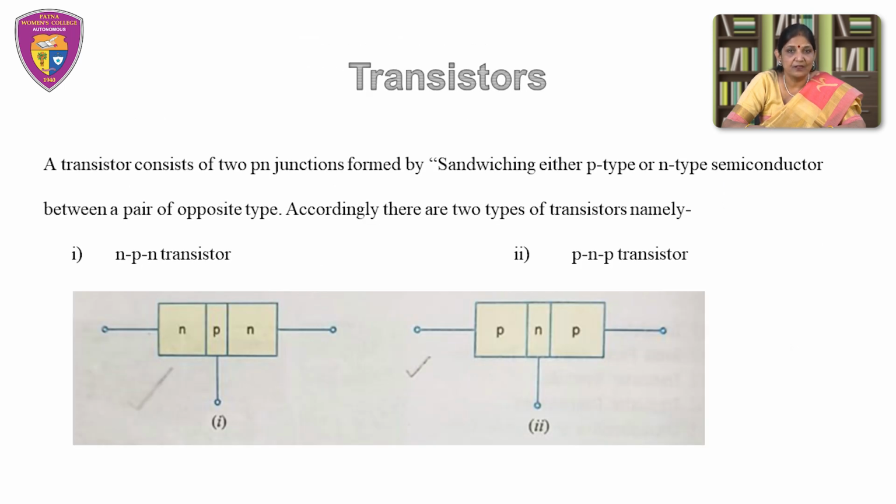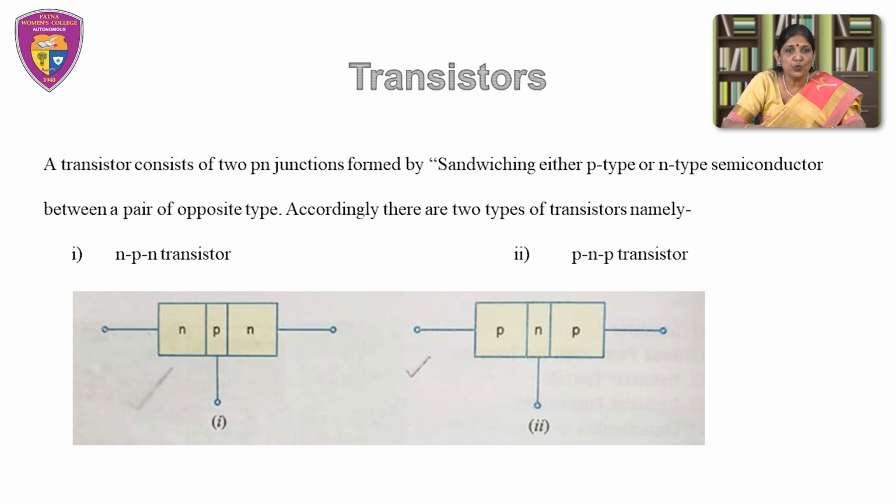A transistor consists of two p-n junctions formed by sandwiching either p-type or n-type semiconductor between a pair of opposite type. Accordingly, there are two types of transistors, namely NPN transistor and PNP transistor. In each type of transistor, the following points may be noted.